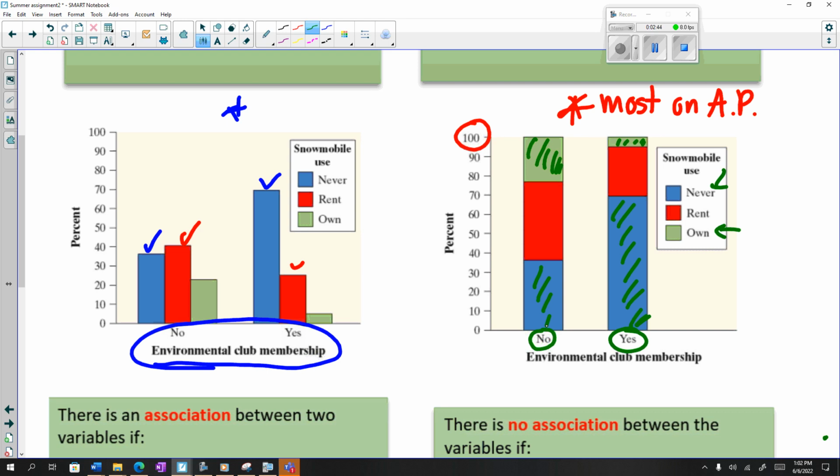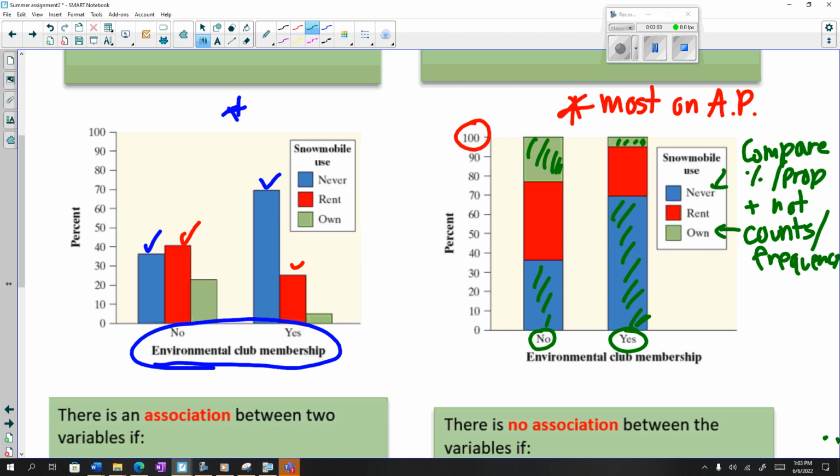So very important to note when we're describing this, you want to compare percents or proportions and not counts or numbers or frequencies. So what do I mean by that?